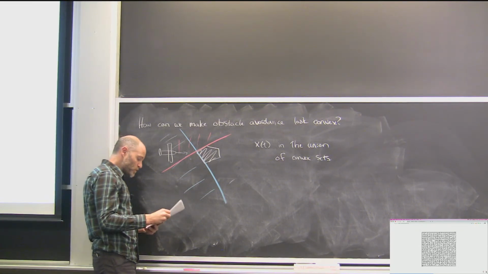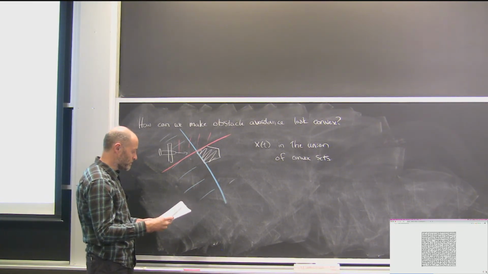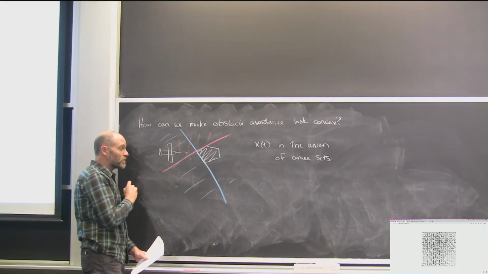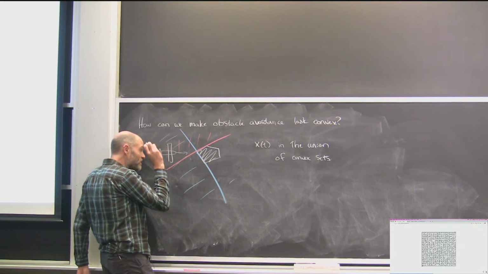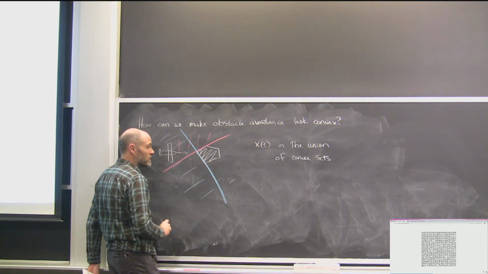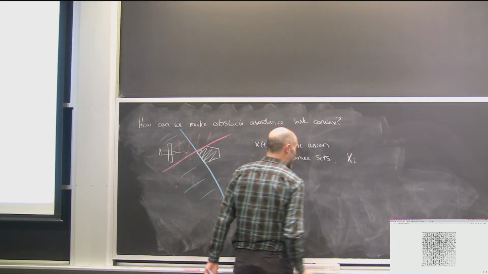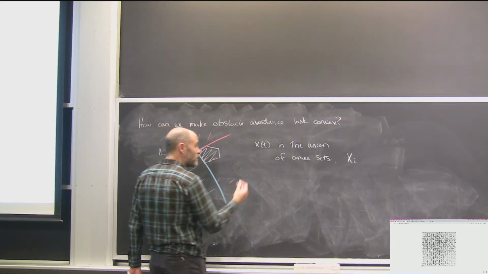Okay, now there's a few tools that will help us think about that. The problem that is actually convex, if you set the schedule of where you're supposed to be, for instance, so let's say I have convex sets x_i.